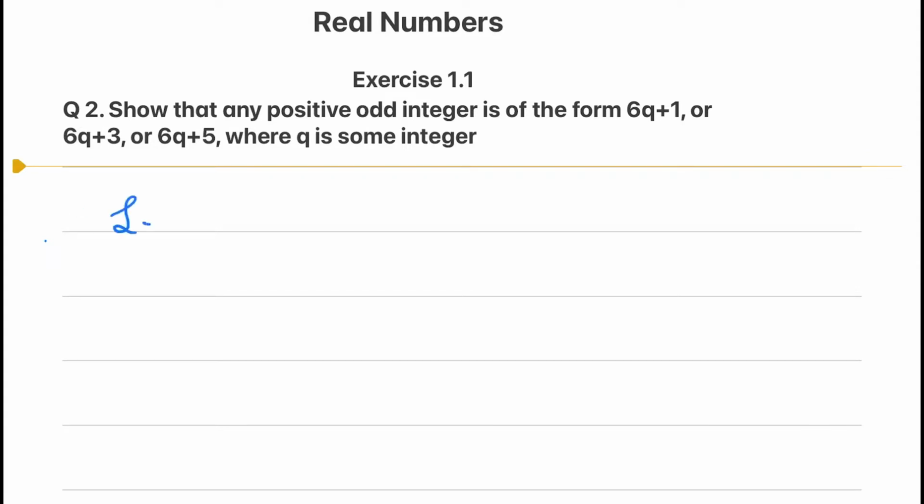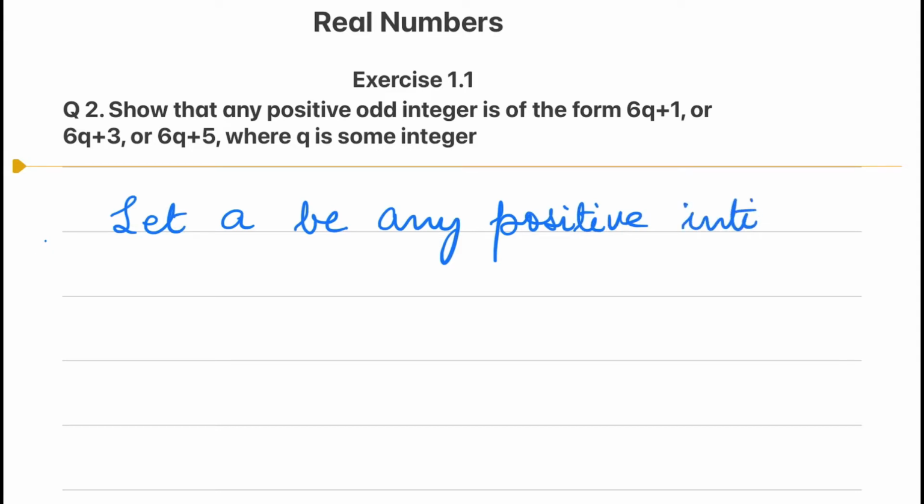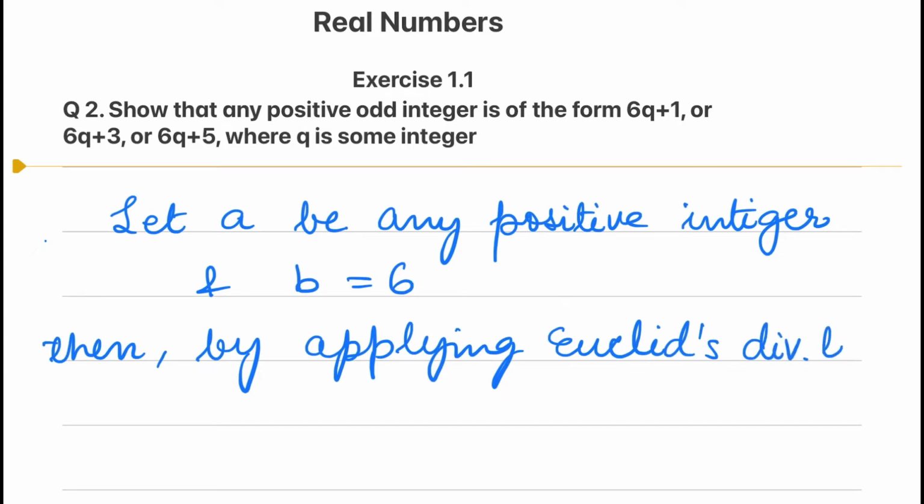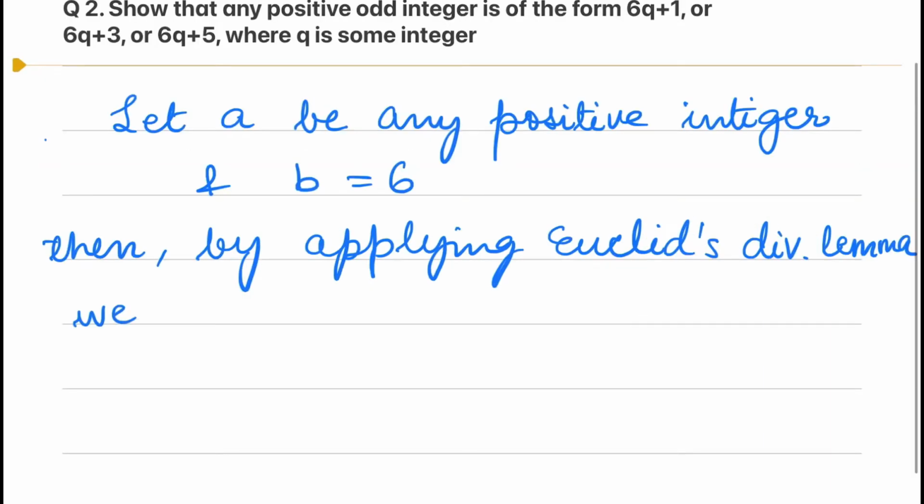So here let a be any positive integer and b is equal to 6. Then by applying Euclid's division lemma, we have a is equal to 6q plus r.